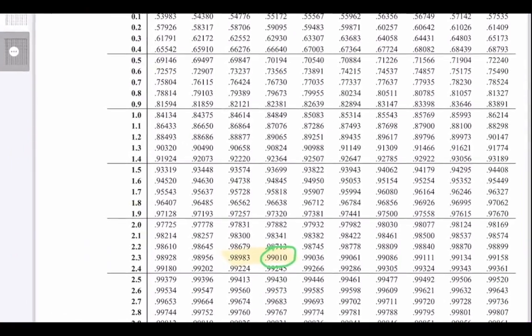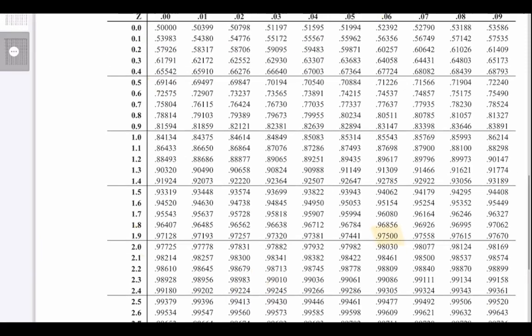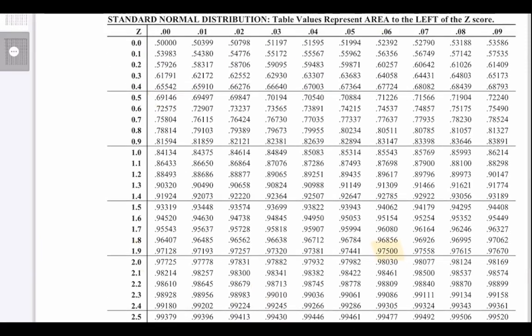So let's look up our z star value for a 95% confidence interval. What we're going to look up is the area to the left of 0.975. We look up that value and we see that right here, exactly at 1.96.